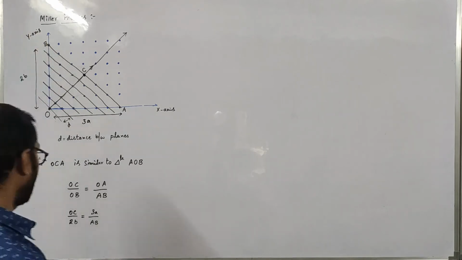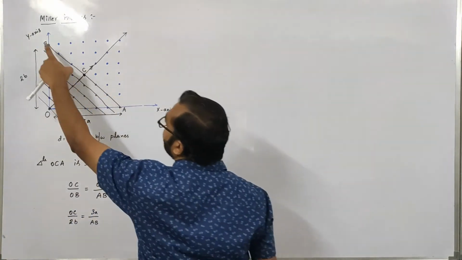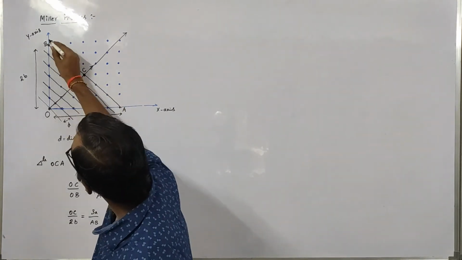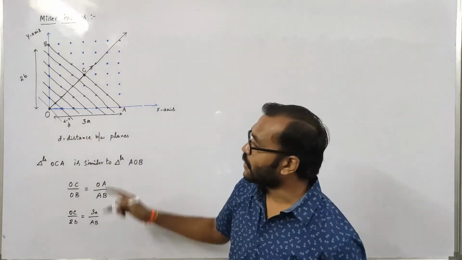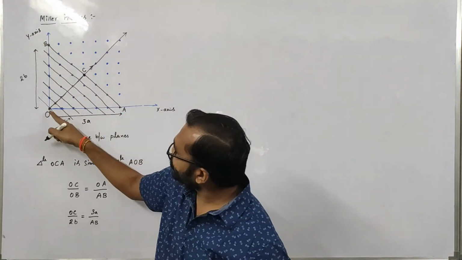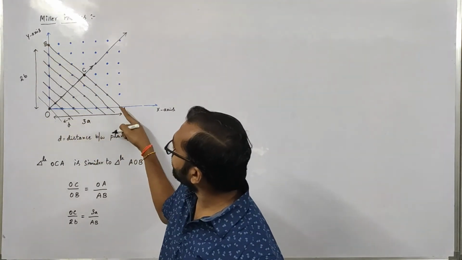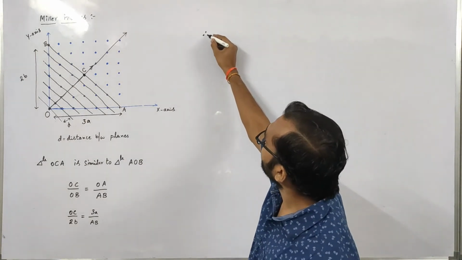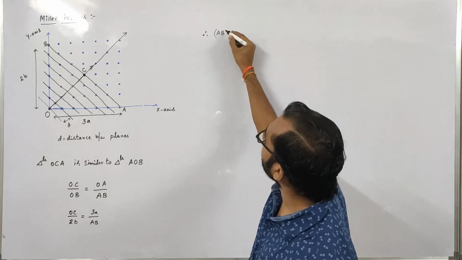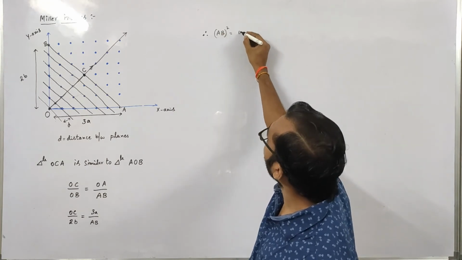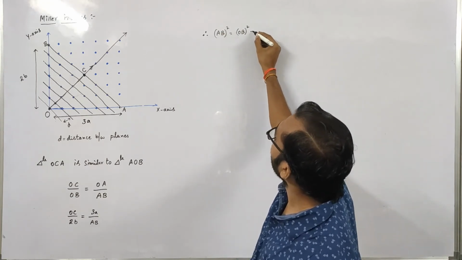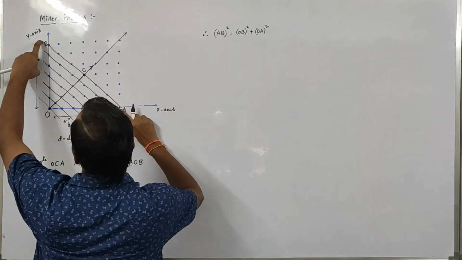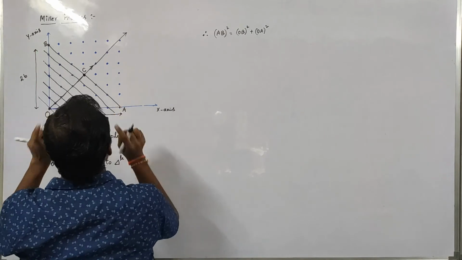Right? Now, what is AB? Can I say AB is nothing but the hypotenuse of this right angle triangle? So, therefore, can I write AB square is equal to OB square plus OA square?